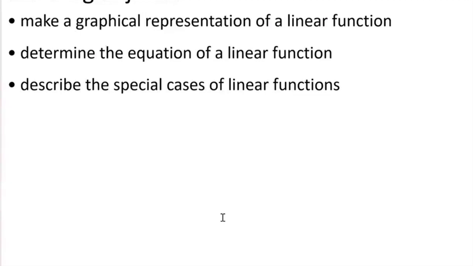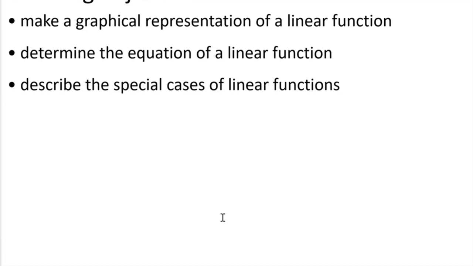Any function is represented in a symbolic form, in a tabular form whereby you've got coordinates, and also in a graphical form. Those are the different representations of any function.